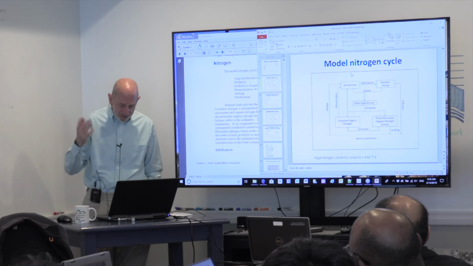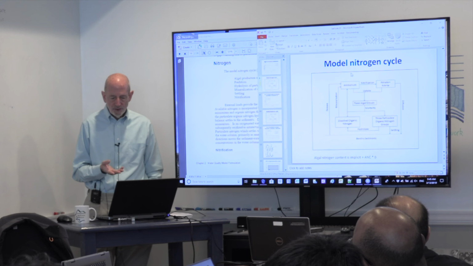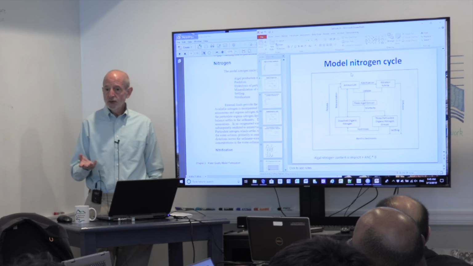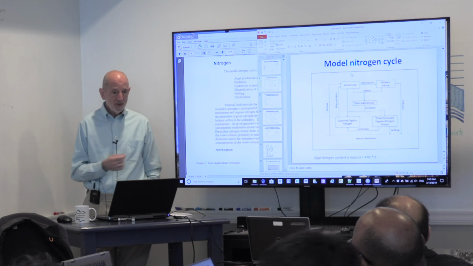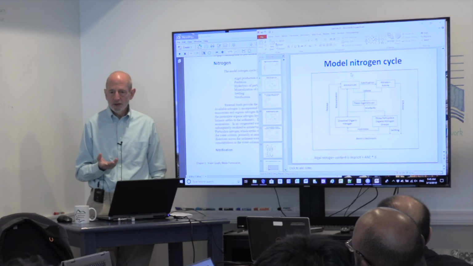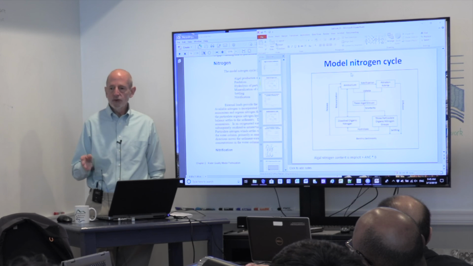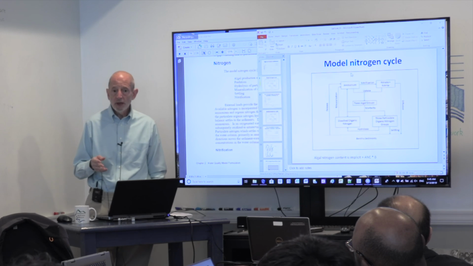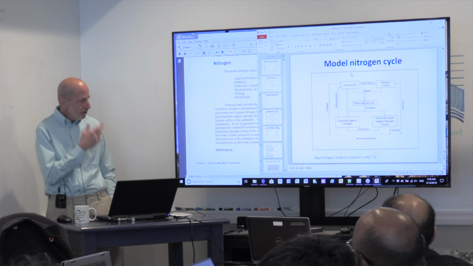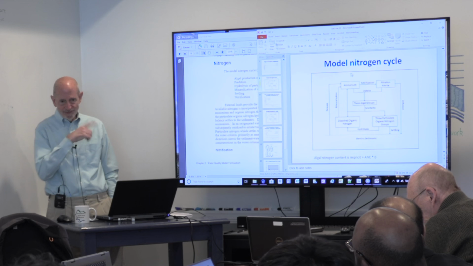But when I really tried to find measurements that would justify the parameterization in the model, what the denitrification rate should be, I had a tough time, and when I found them, it's not a common or universal process in the water column. It's very rare.